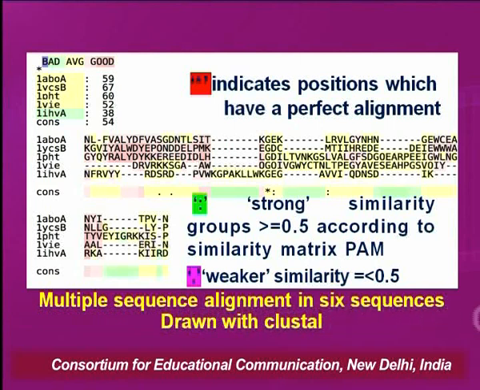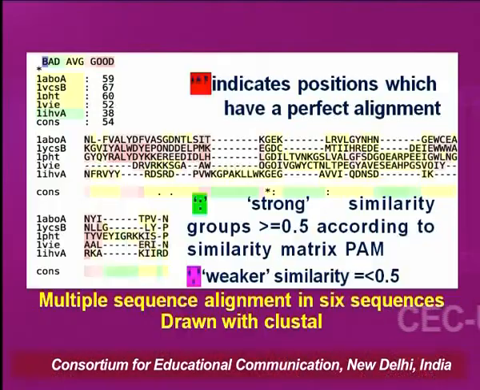And if you see at the top, it is written whether it is a bad alignment, good or average alignment. So not only do we know which portion of the sequences is best aligned, which is average, or which may be the poorly aligned segments, it also tells us the perfect regions, like the star denotes the positions where we have a perfect alignment, right? That particular amino acid or residue is the same in all the sequences.